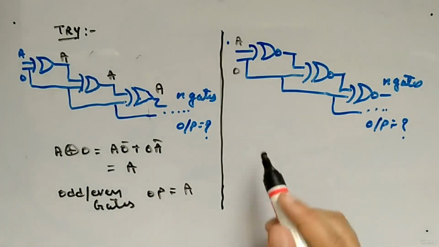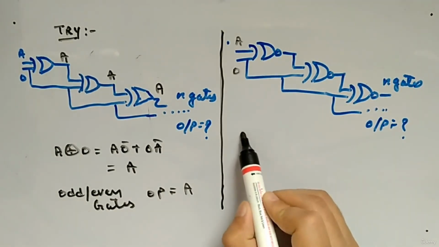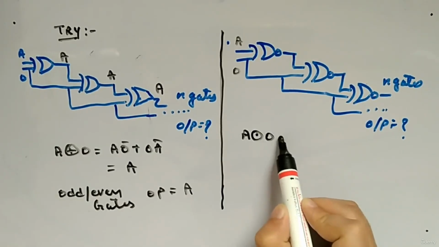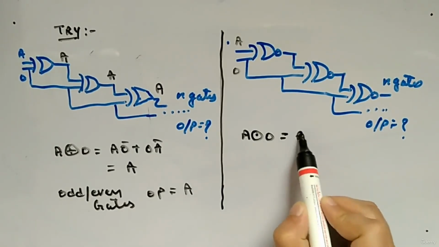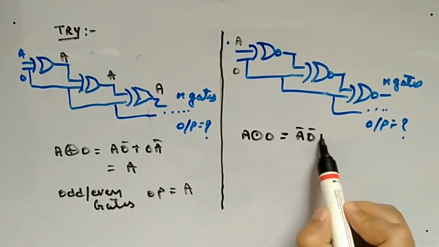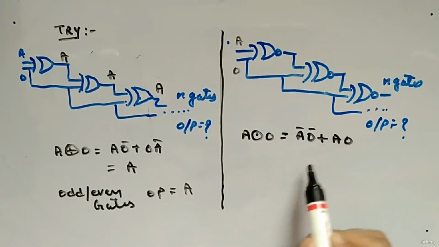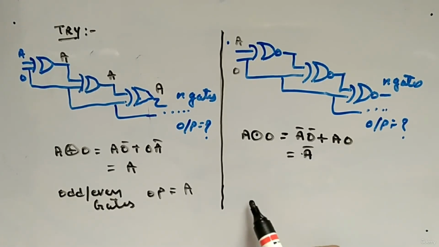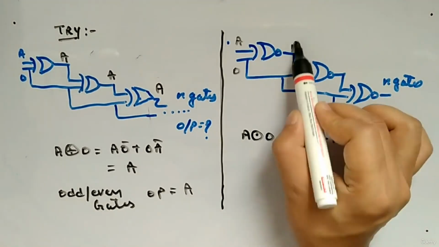And in this case, we have to do XNOR of A with 0. What you will get is A bar 0 bar plus A 0, this will be 0 and this will be A bar. Okay, so here it will be A bar.